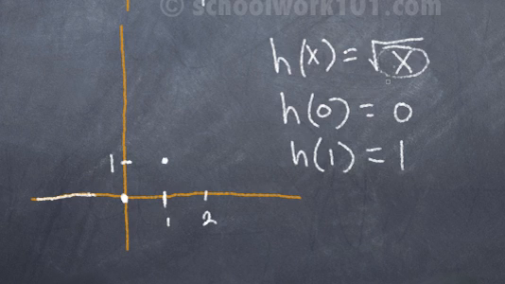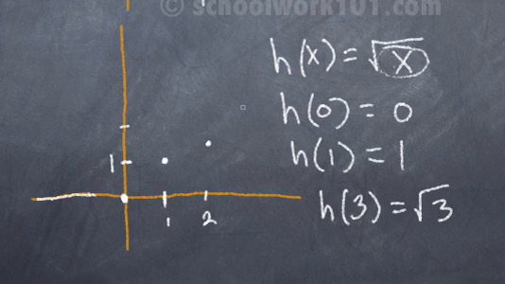Now 2, the square root of 2 is like 1.41. We'll say that it's about right here. Plugging 2 in, or 3, let's plug 3 in. h of 3, and of course you'd end up getting the square root of 3.